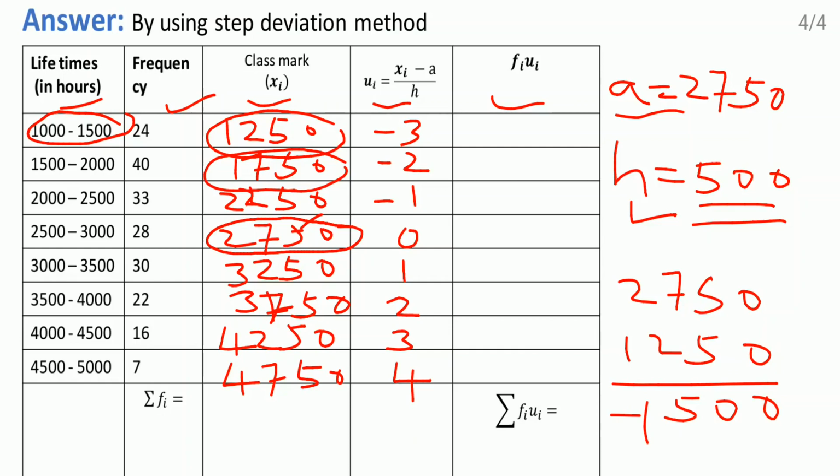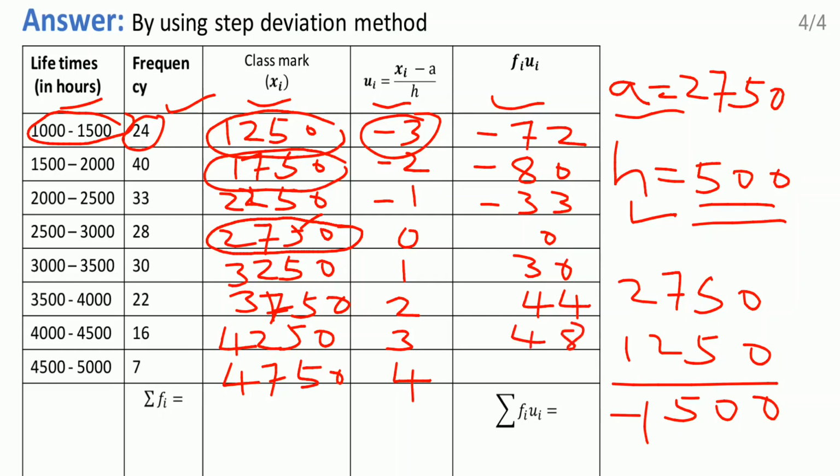Now Fi and Ui. This 24 into minus 3 is minus 72. Now 40 into minus 2 is minus 80. Here, 33 into minus 1 is minus 33, and this is 0 here. This one is 30, then 22 times 2 is 44, then 16 times 3 is 48, right? Then 7 times 4 is 28.